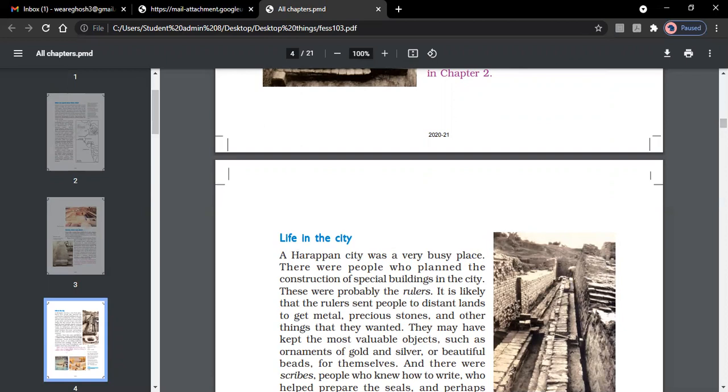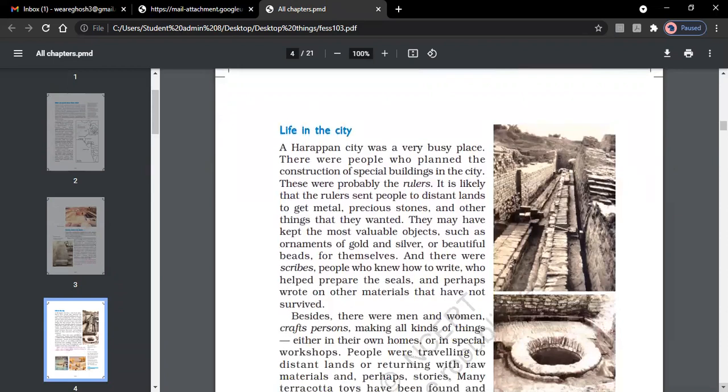You can get many individual questions, short-answer or MCQ, from this, like the scribes. Who are scribes? The scribes are the people who knew how to write, who helped prepare the seals and perhaps wrote on other materials that have not survived. Who are the craftspersons? Craftspersons made all kinds of things, either in their own homes or in a special workshop.